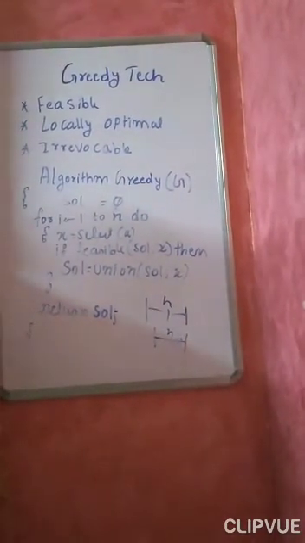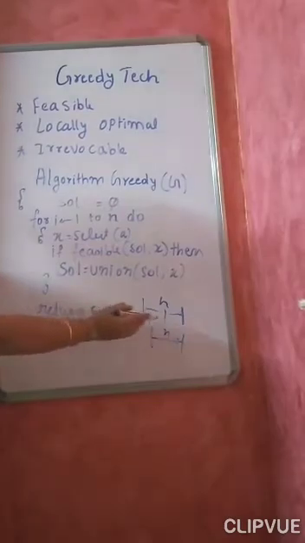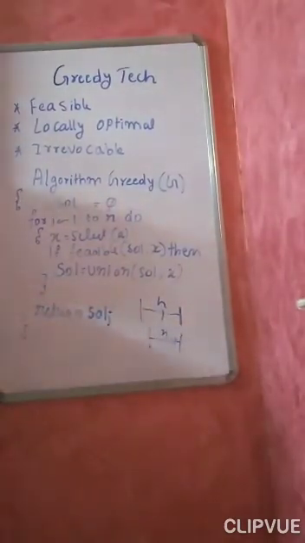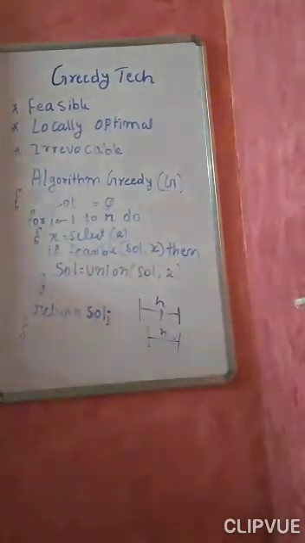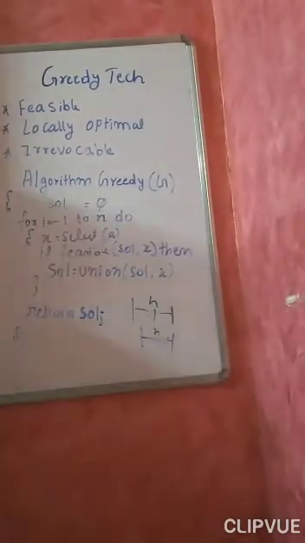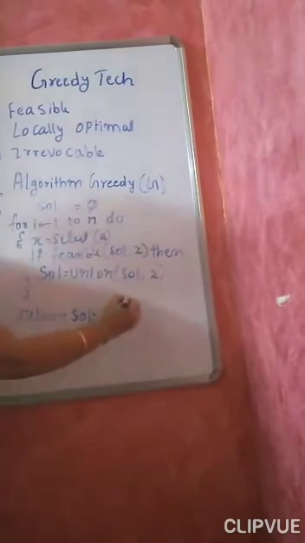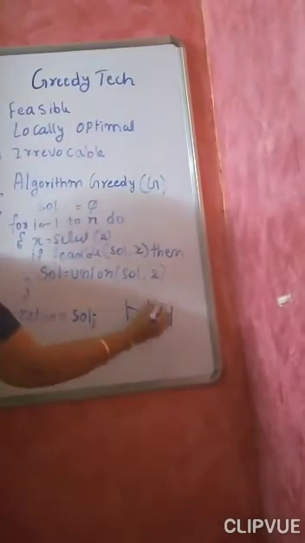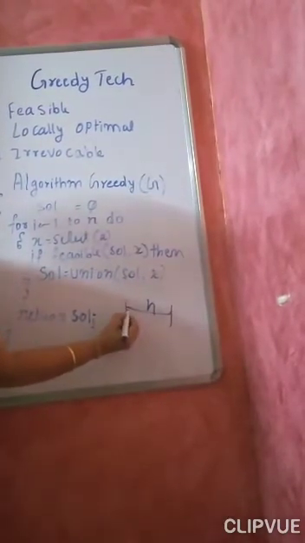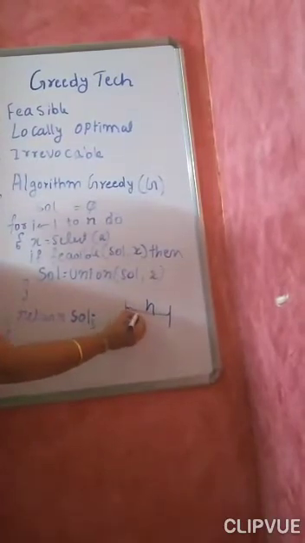So what we are doing in the greedy technique is, we are not dividing and we are not decreasing the size of the problem. If I have a problem of size n, in each step we will be solving a sub problem.